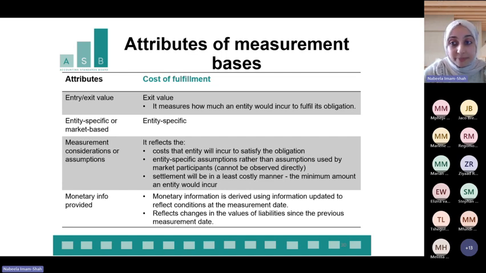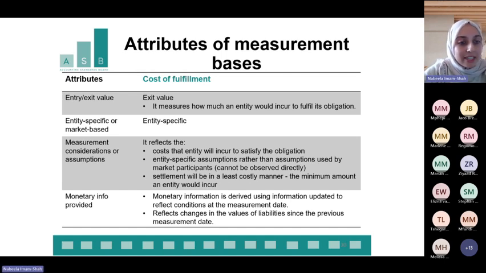For example, if an entity selects to fulfill its decommissioning liability using its own employees, then it is presumed that that is the least costly manner of fulfillment, regardless of the entity's ability to contract the decommissioning to third parties.